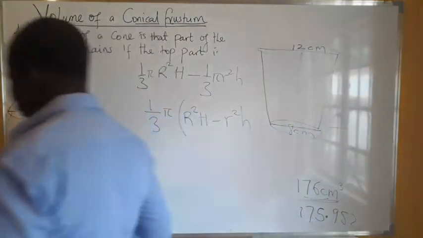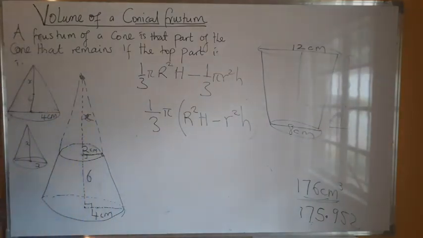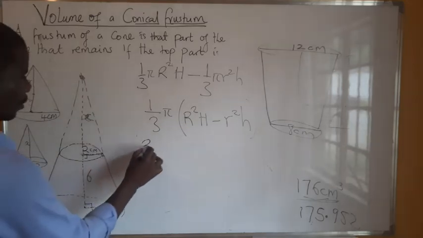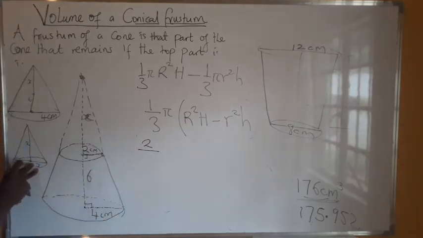Okay? It's important, especially if you looked at similarity and congruence, we established these concepts. So what I'm going to do now is look at the corresponding sides. If I'm getting 2 from the smaller cone, 2 is a radius here.